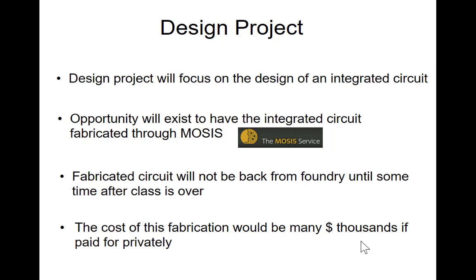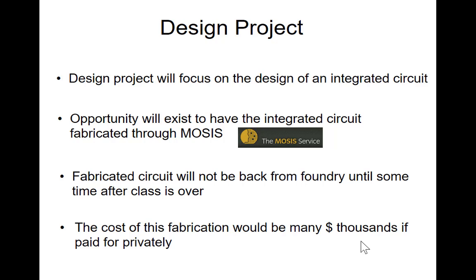There will be a design project that will focus on the design of an integrated circuit. It will be assigned at about week 10 or week 11 in the course. You'll have the opportunity to have that circuit fabricated through the Moses service. Fabrication of the circuit will not take place this semester, however. So if you choose to have it fabricated, it will be fabricated probably sometime over the summer and can be evaluated in the fall.